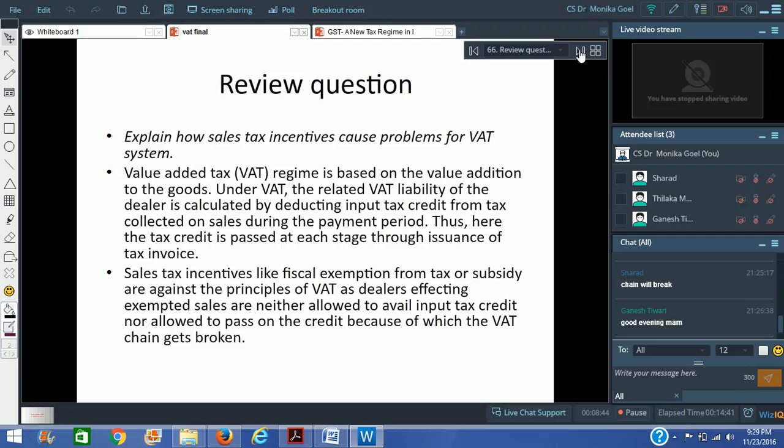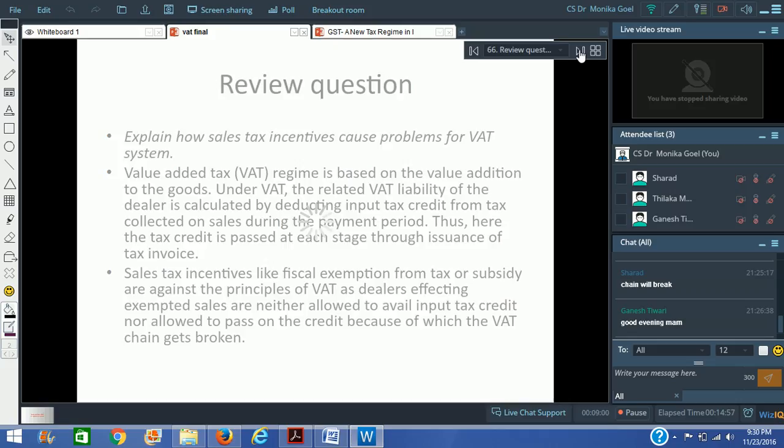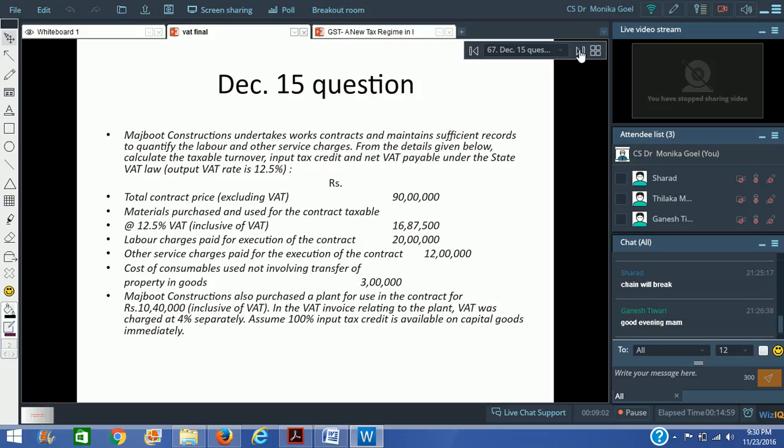Now, once I get an exemption from tax, I cannot pass on the input tax credit, and that makes it an exempt sale, and therefore he is not allowed to claim input tax credit, nor is he able to pass on the credit. So the VAT chain gets broken. So all these sales tax incentives were withdrawn with the levy of VAT, and therefore a lot of readjustment was required.